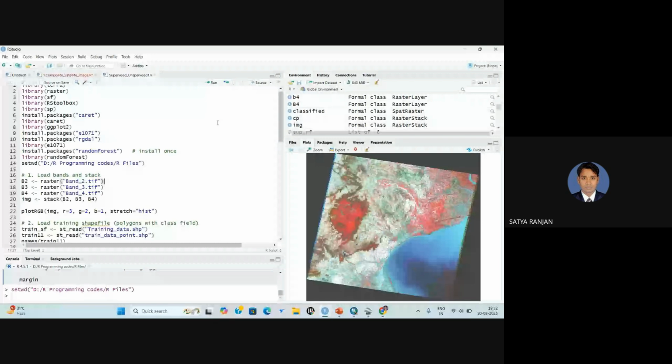So just import this image, then create the layer stack, then plot RGB.